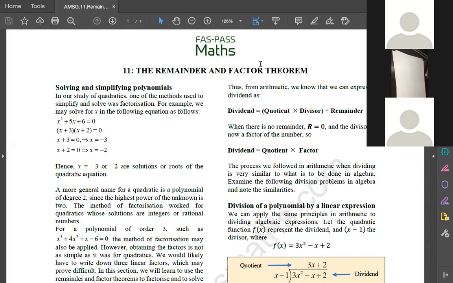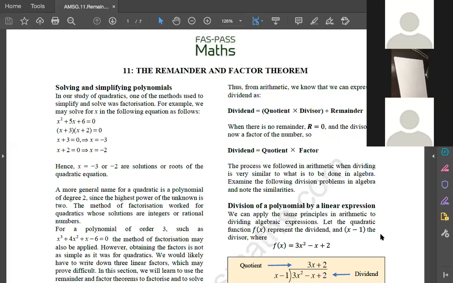Okay. So let's get to work. Now the remainder theorem and the factor theorem. Okay, so one minute coming. Okay, so I have it here. Share. Good.